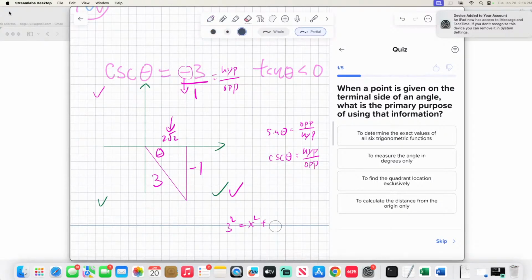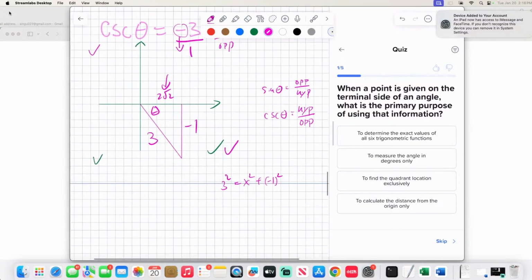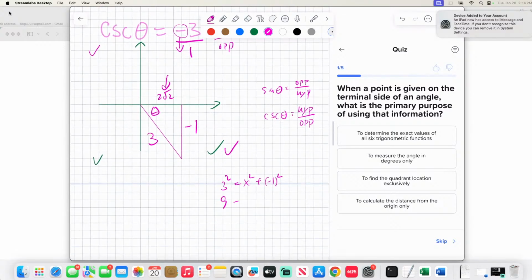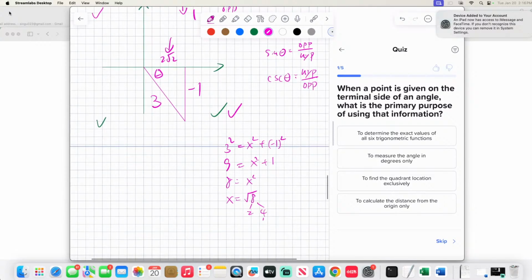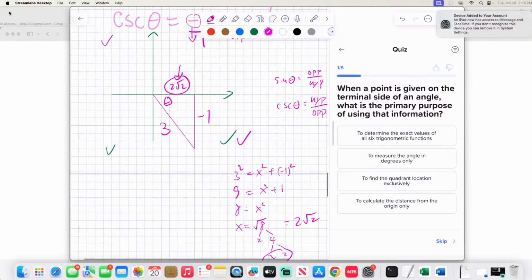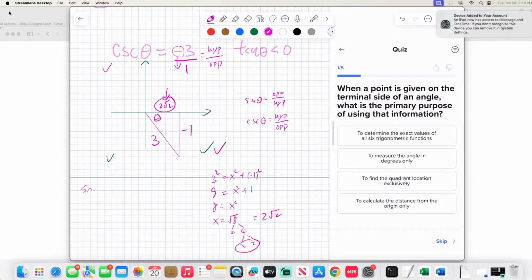Y squared. Y is -1, squared. So it'd be 9 is equal to x squared plus 1. So it'd be 8 equal to x squared. So x equals square root of 8, which you can break down. Remember, beginning of the year, so 2 square root 2. Okay, so now we can go back to figure out what is sine theta.